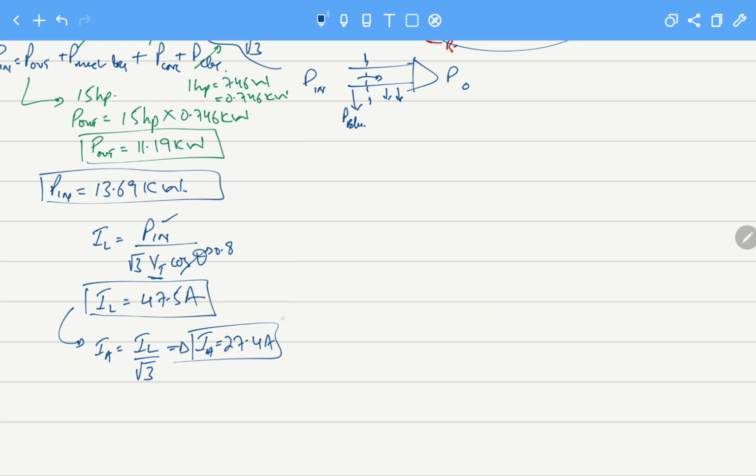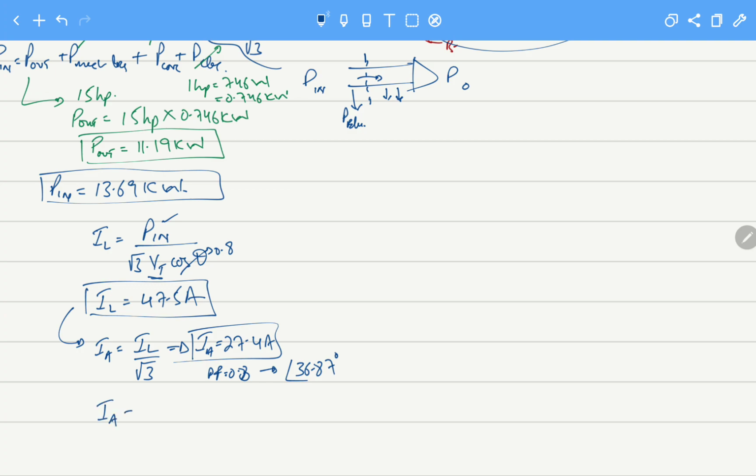Also the power factor for the machine is 0.8 leading, so the angle would be cos inverse of this, which is 36.87 degrees, and it is positive as the current is leading.